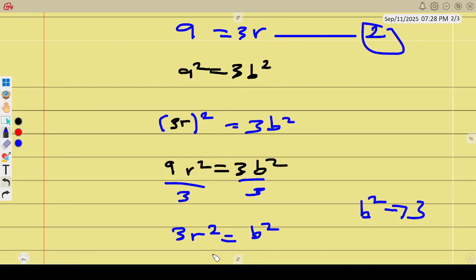Since b squared is a multiple of 3, then b is also a multiple of 3. You write: therefore, we said a is a multiple of 3 and also b is a multiple of 3. Therefore, negative root 3 is an irrational number because a over b are both multiples of 3.